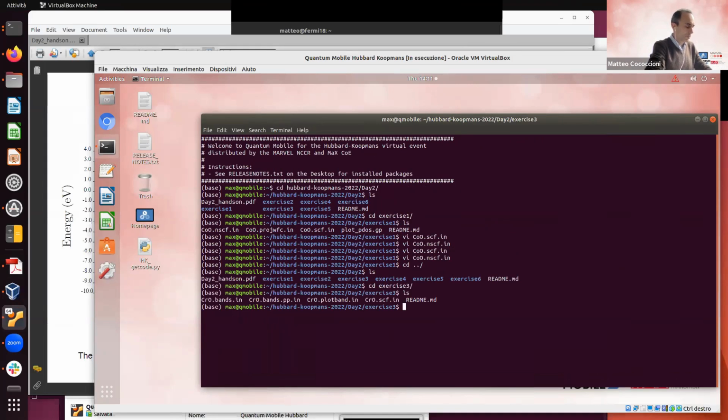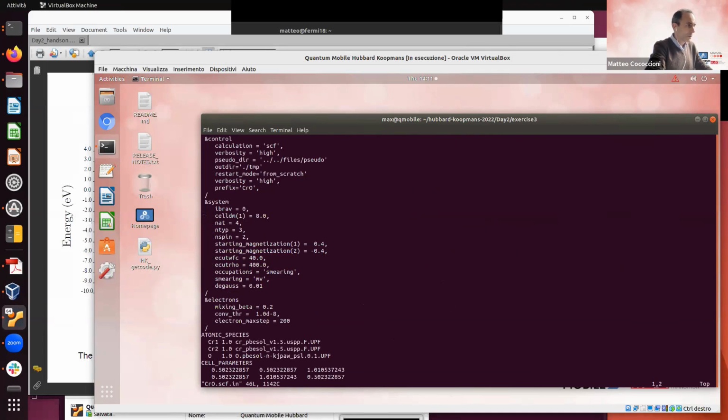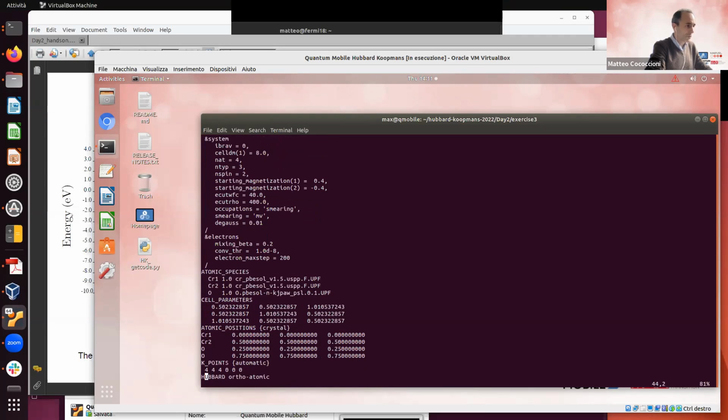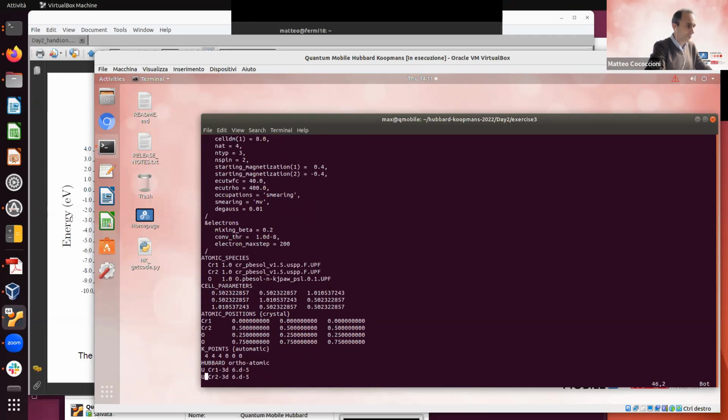We can start by running the calculation with the input file as it is. So this is the input file for chromium oxide, similar to what you got for iron oxide this morning, and also cobalt oxide.